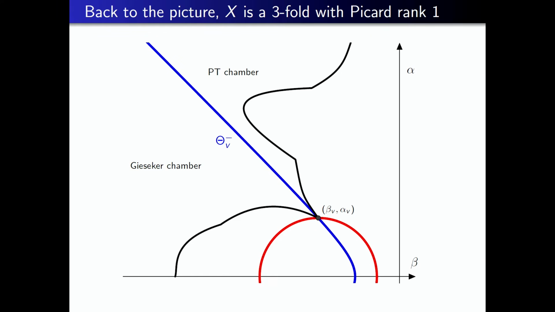Okay. So coming back to the picture, in this picture every point in this alpha-beta plane corresponds to a Bridgeland stability condition on any threefold for which a certain construction holds, in particular for Fano threefolds and the quintic threefold, okay? With Picard rank 1.